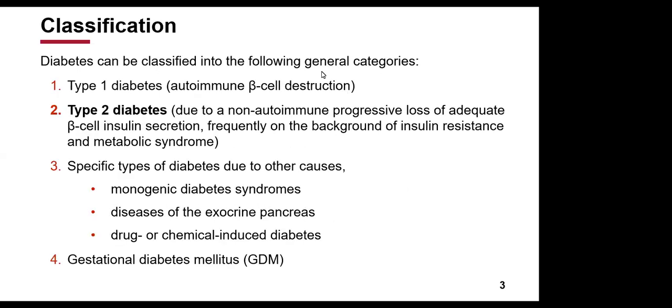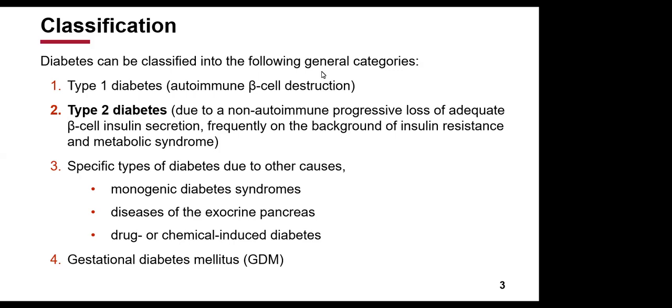In terms of the classification, the 2024 standard of care of the American Diabetes Association classifies them into 4 general categories. We have type 1, which is normally due to autoimmune beta cell destruction. In this case, we tend to have absolute insulin deficiency, even in latent autoimmune diabetes in adulthood.